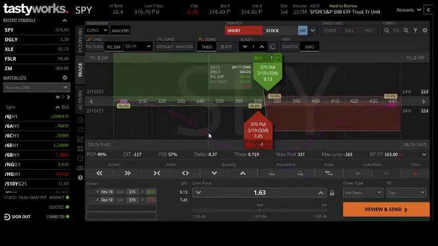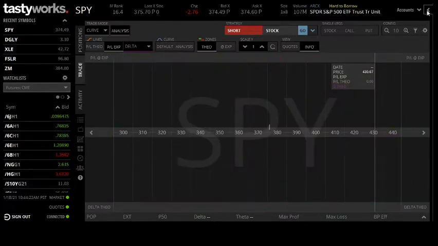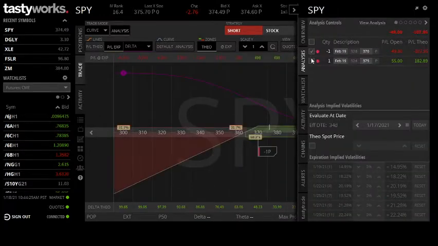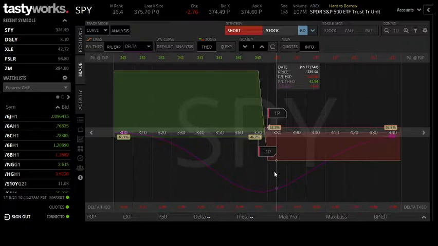So this is our analysis tab. A lot of brokers do have them. I don't exactly know which brokers have them. So your question was, what happens if it's at 372 at expiration? Because it has breached one strike but not the other, you don't get max profits. But you do get some profits.